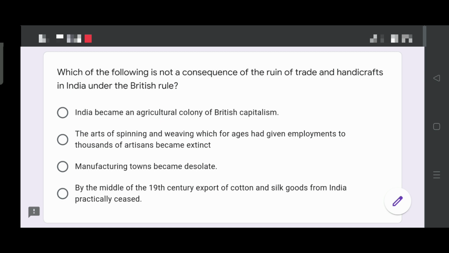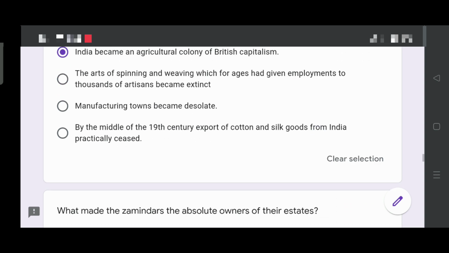Manufacturing towns became desolate. By the middle of the 19th century, export of cotton and silk goods from India practically ceased, that is, stopped. The right answer, India became an agricultural colony of British capitalism.